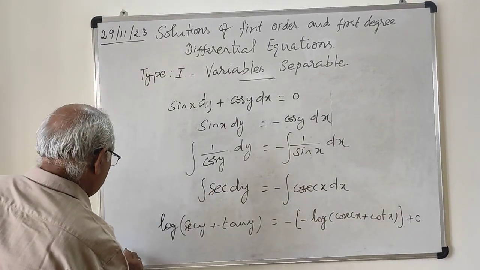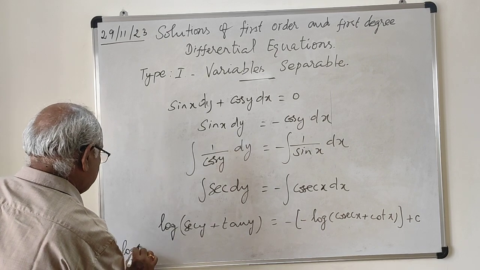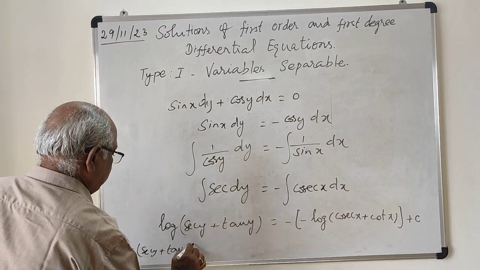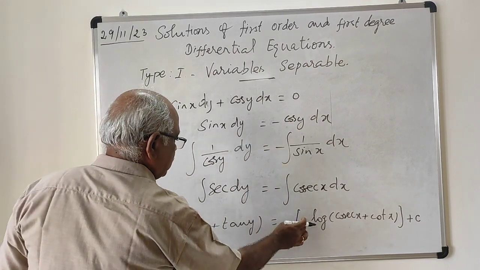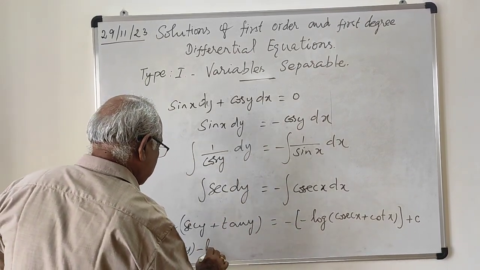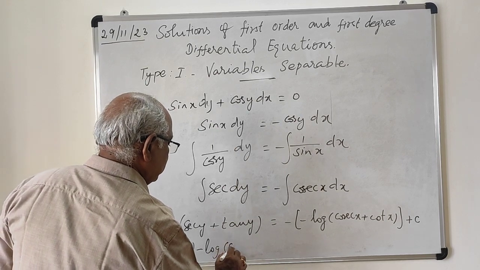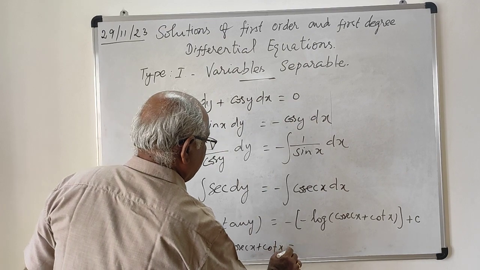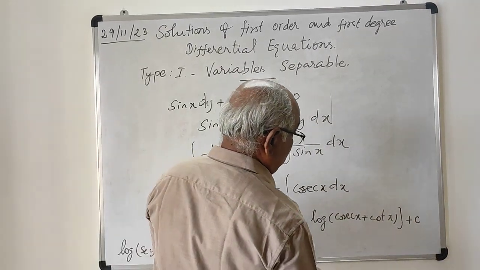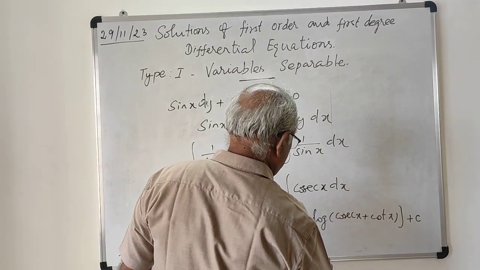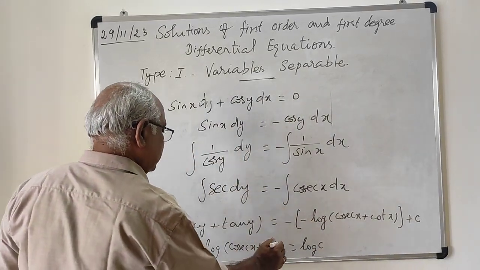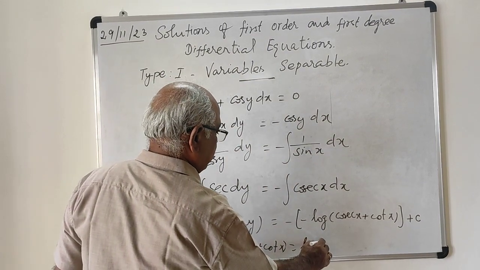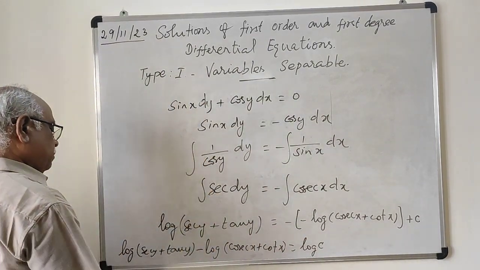Or otherwise you bring all the terms to the left hand side: log of secant y plus tan y minus log of cosecant x plus cot x equal to constant c. You can consider the constant as log c, since every term is a logarithm, so the constant can also be considered as a log constant, log c or log capital C.